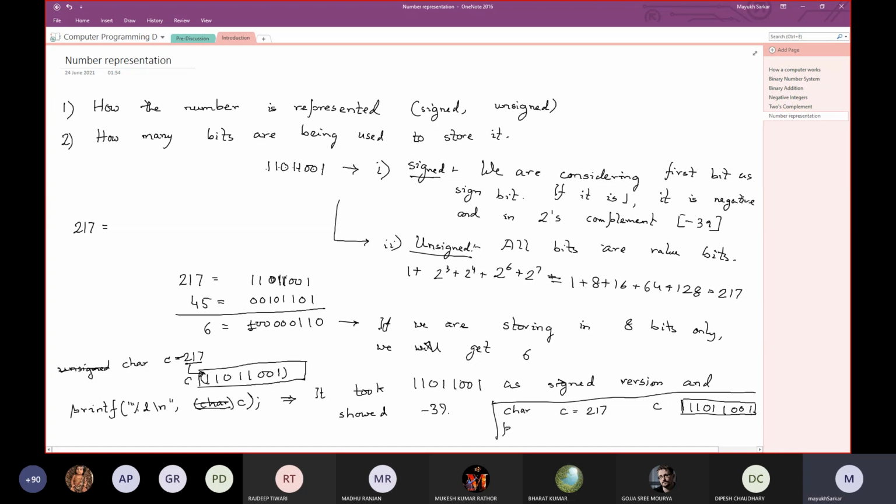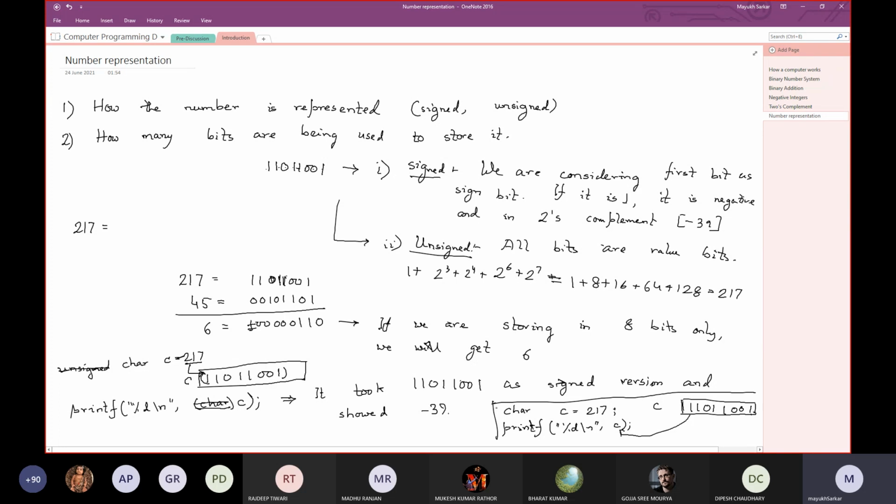Now when you print this out, this bit pattern will be printed as a signed character, because the type of C is signed character. Though in the corresponding memory location this has been stored, the type of C is signed character.